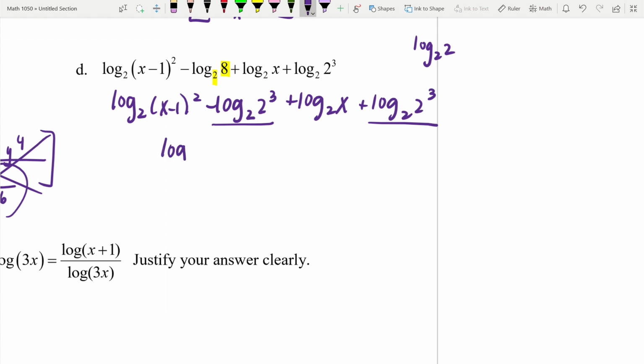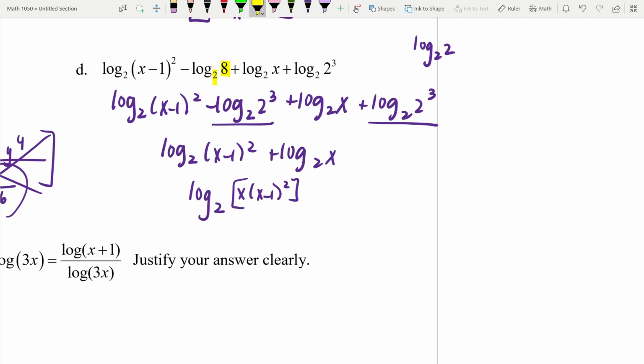So now I have log base 2 of x minus 1 squared plus log base 2 of x. Now I'm going to squish it into 1, so it's log base 2. Those are added, so when I squish them, they're multiplied. So I go x times x minus 1 squared. I'm going to choose to put brackets, and I'm done.